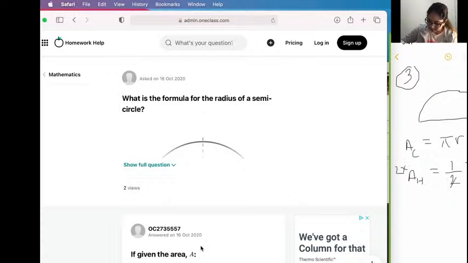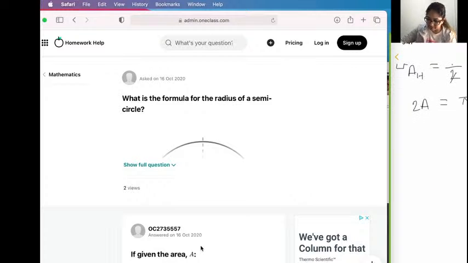Okay, so then we have 2, which cancels out, so we have 2a equals pi r squared. And so our next step is to move the pi. So we have 2a over pi equals r squared.